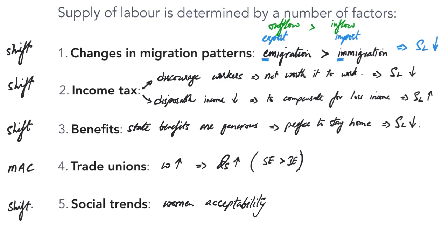Okay, it has nothing to do with feminism or anything. All of these factors collectively encouraged women to come into the job market, and so this led to the supply of labor increasing.